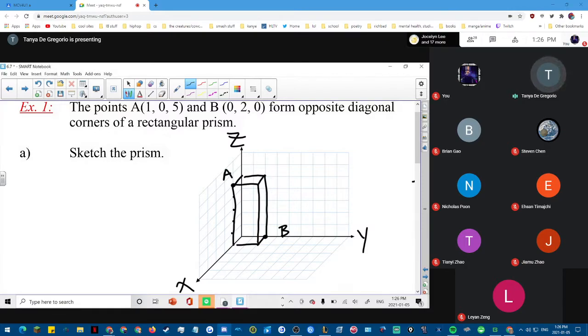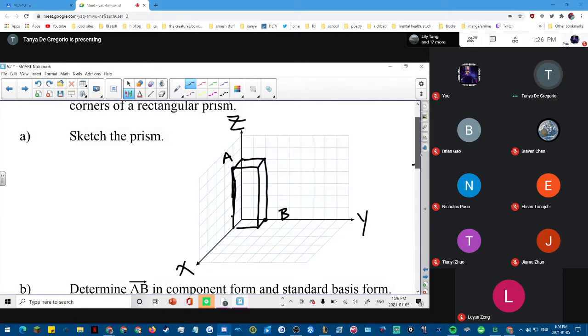Okay, you should get something like that. So hopefully everyone was able to figure that out. It's a good little abstract thinking exercise to get you guys thinking in 3D space.